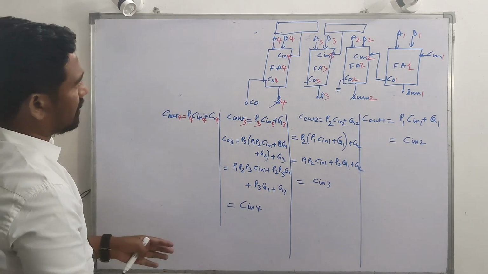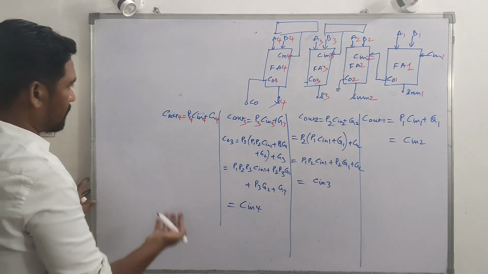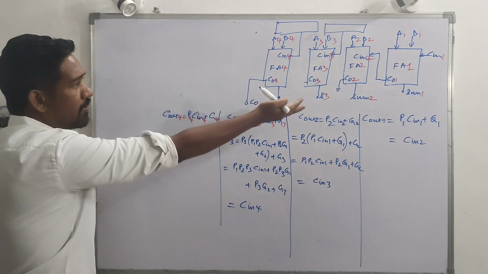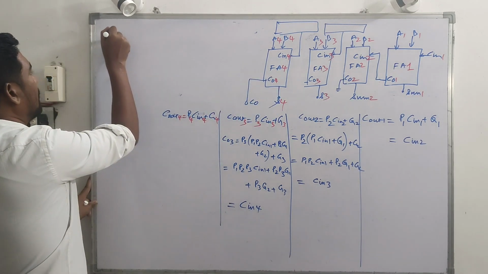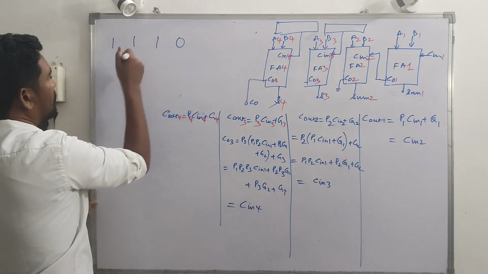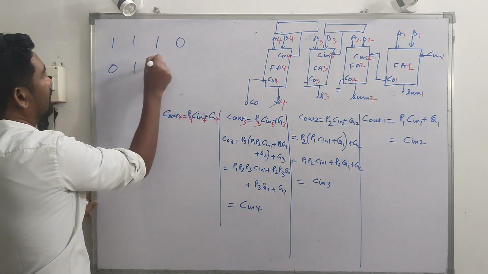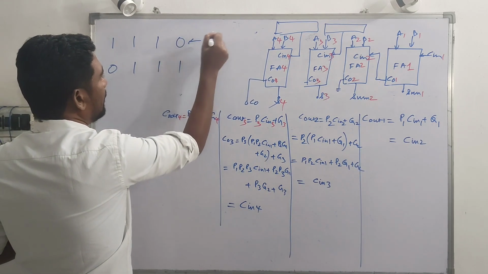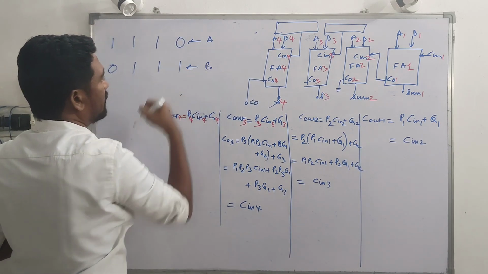Okay, does it really work practically? Yes, of course, with an example. Considering 4-bit numbers, for example, 1 1 1 0 should be added with 0 1 1 1. This becomes our A input, and this becomes our B input.